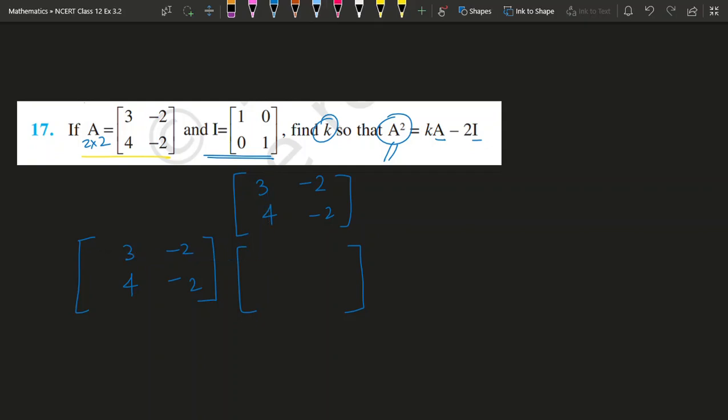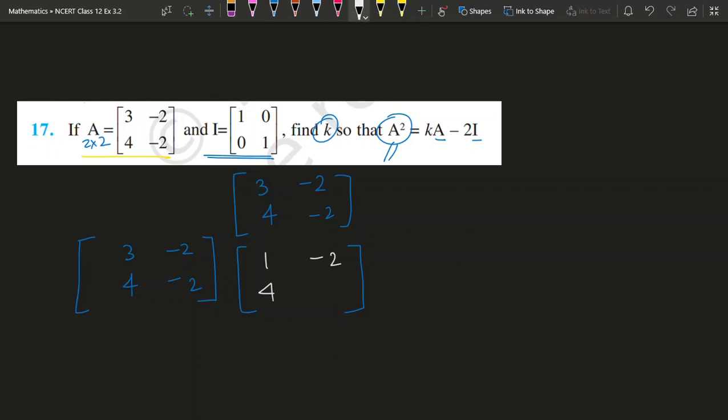So in this case you would get 9 minus 8, that will be 1. Then you would have minus 6 plus 4, so minus 2. And then you would have 12 minus 8, so that will be 4.